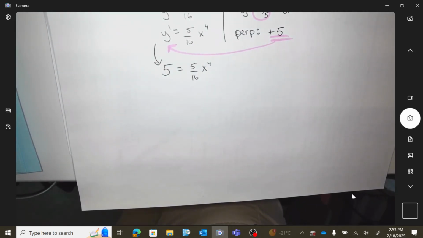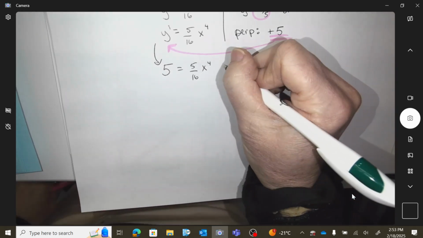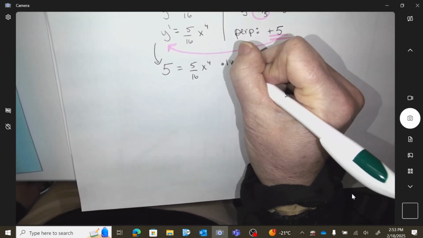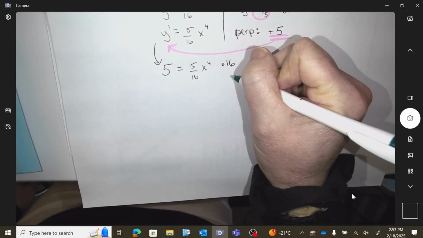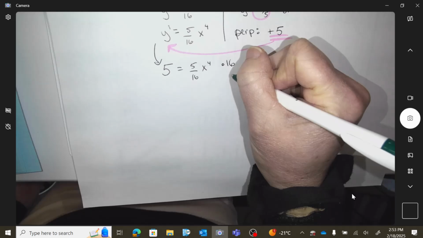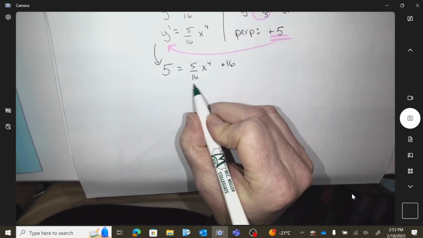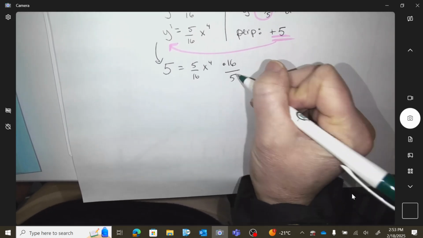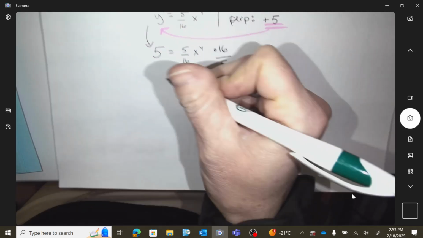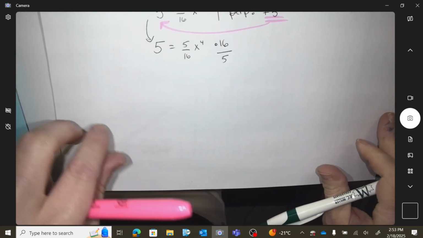Okay, what do you want to do here? Kind of algebra stuff. I'm going to times by 16. Good, because I'd like to get rid of that. And I also would like to divide by 5. Can I do both of those things at the same time?